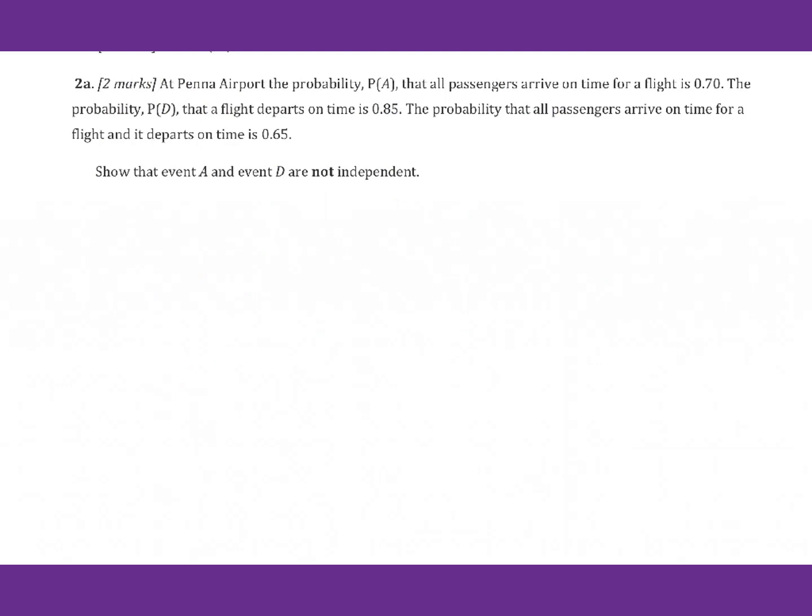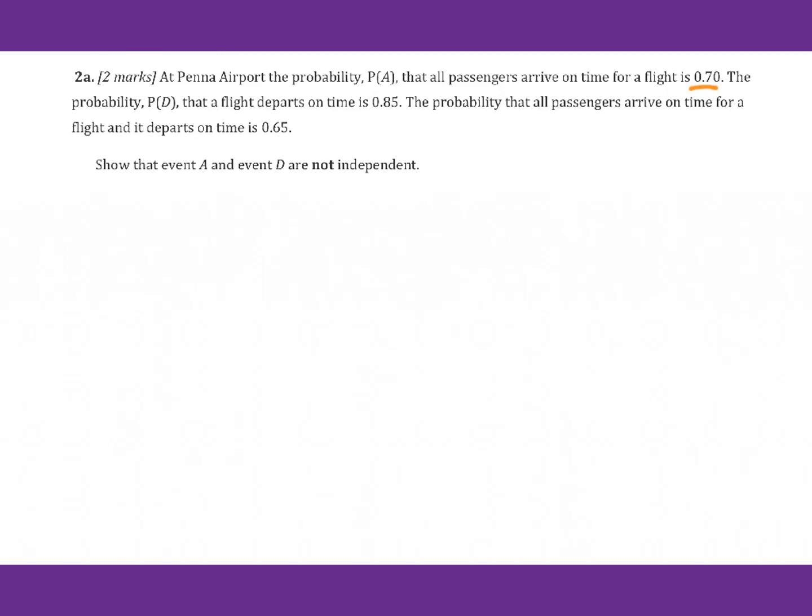At Panna Airport, the probability P of A that all passengers arrive on time for a flight is 0.70. The probability P of D that a flight departs on time is 0.85.